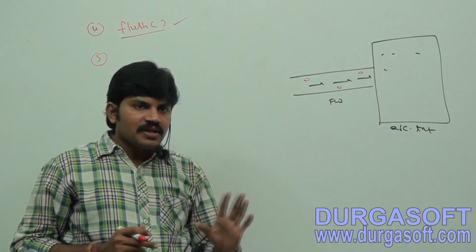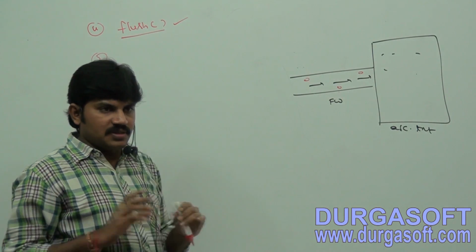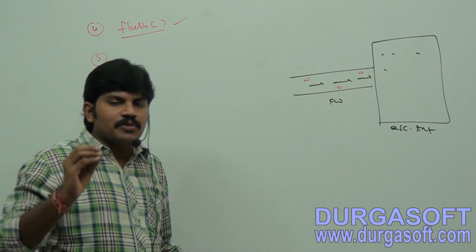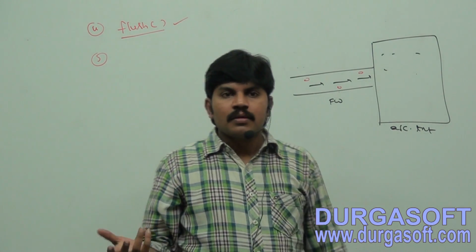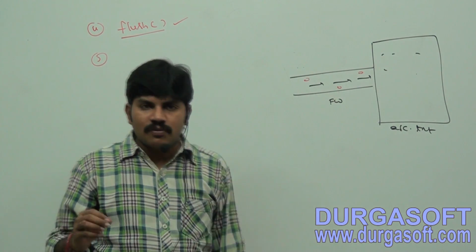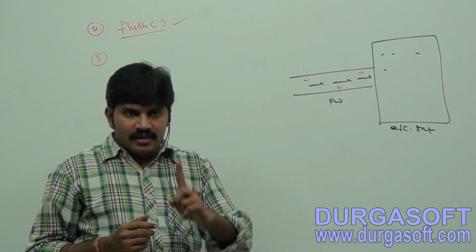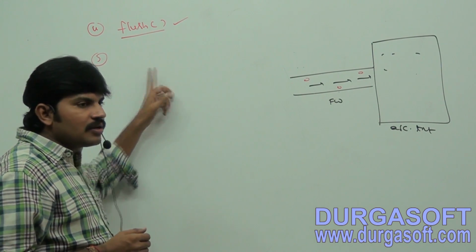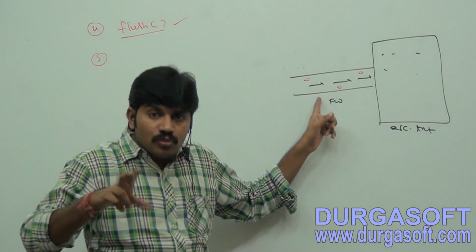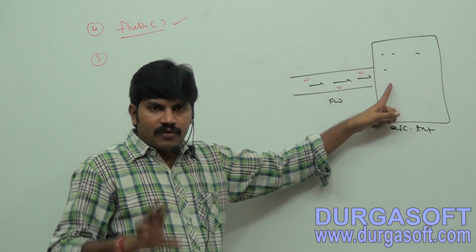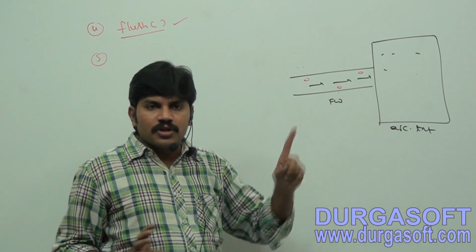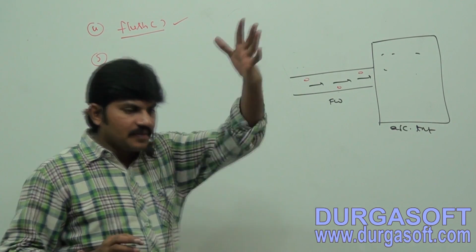For every writer, the flush concept is there. What is the purpose of the flush method? To give the guarantee that total data including the last character is written to the file properly. For that purpose we use the flush method.